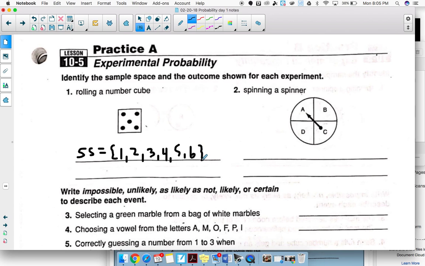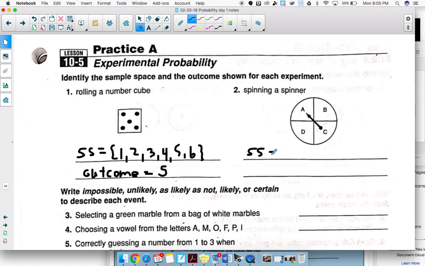Okay, and then the outcome in this case would be what they actually rolled. And in this case, if you look at the picture, the outcome is just one of those choices, which was a 5.